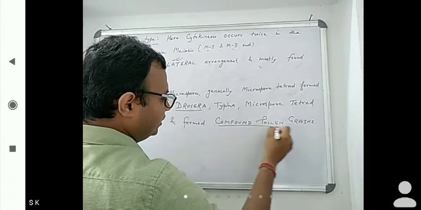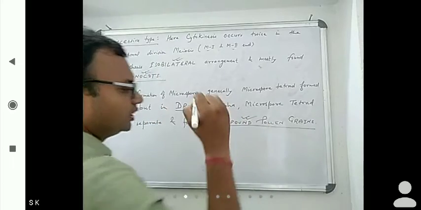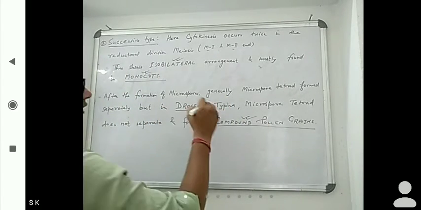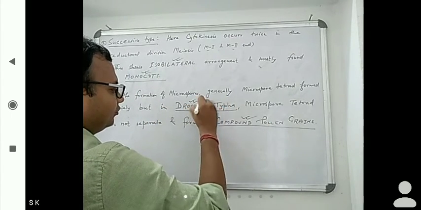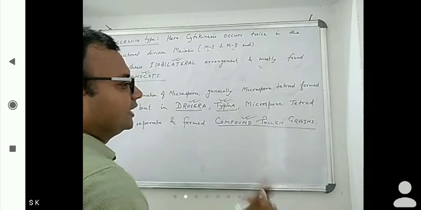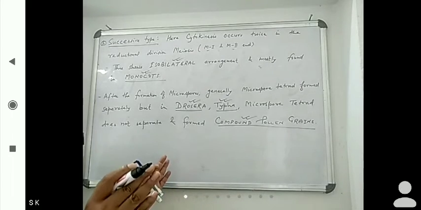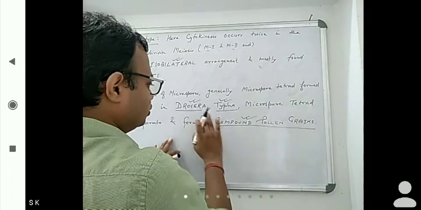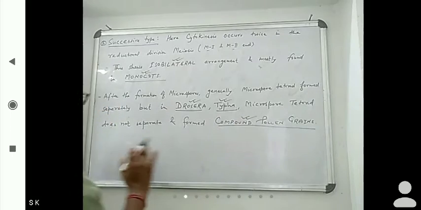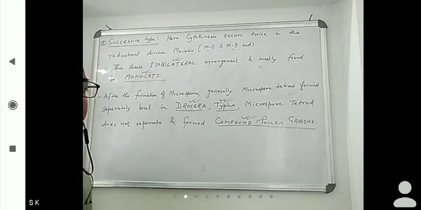This you have to remember, that compound pollen grains are found in where? These two examples you have to remember. One is Drosera, one is Typha. But general condition, what happened? Microspore tetrad formed and they become separated. But in Drosera Typha, these tetrad not separated and formed what?